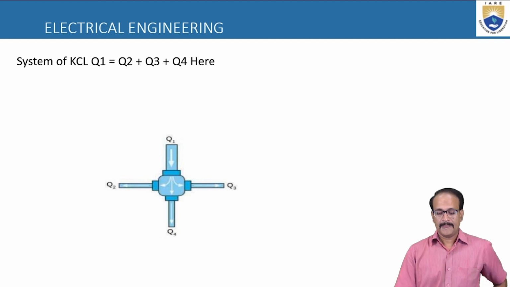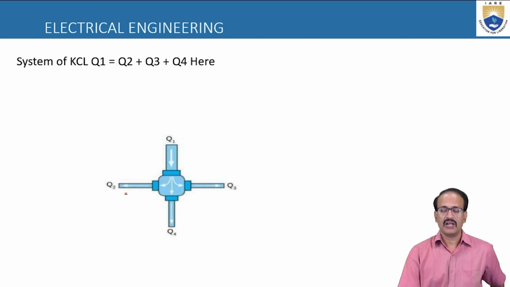See here, there are charges Q1. If you observe, only one charge is entering, but Q2, Q3 and Q4 are leaving. The number of currents leaving is more.